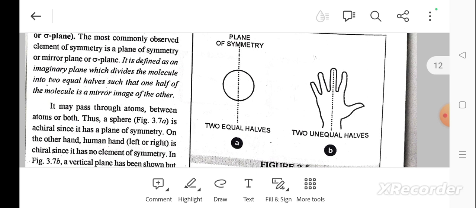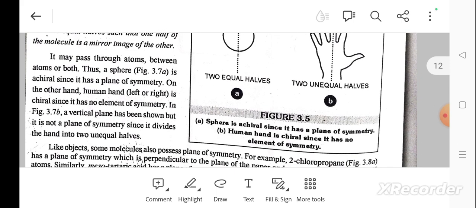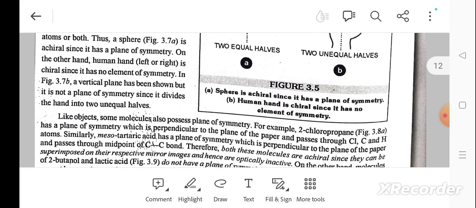On the other hand, the human hand, left or right, is chiral since it has no element of symmetry. In a vertical plane, as shown, it is not a plane of symmetry since it divides the right hand into two unequal halves. Like objects, some molecules possess a plane of symmetry.